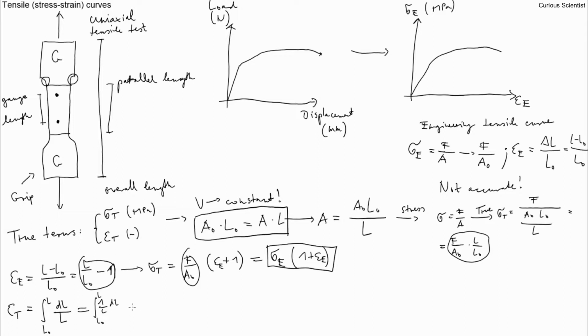And then I guess now you recognize this if you use the form. 1 over L is basically a logarithm. I just go through all the steps so you can see the mathematics. And of course you just substitute the L and L0, so you have ln L minus ln L0.